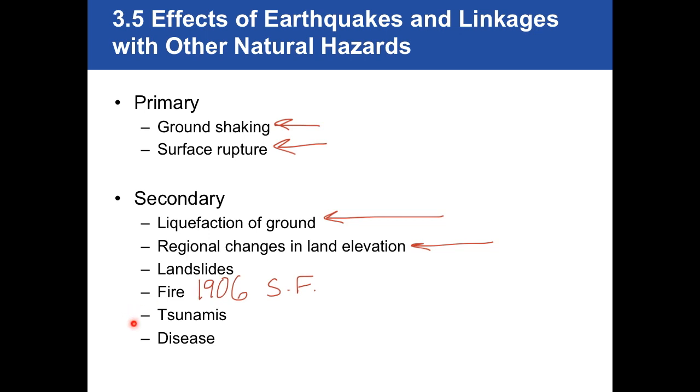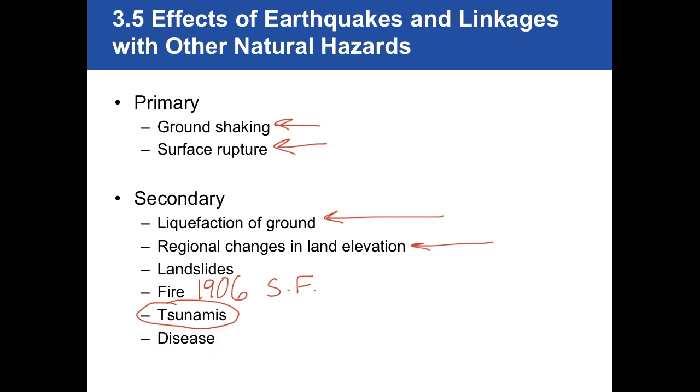Of course, tsunamis are fresh in our memory. In fact, we'll look at it a little bit later. In 2011, the Japan earthquake, really, the shaking didn't do as much damage as the tsunami itself did.